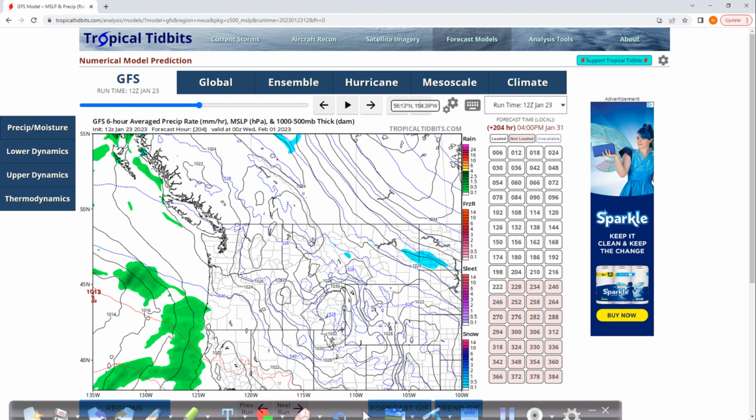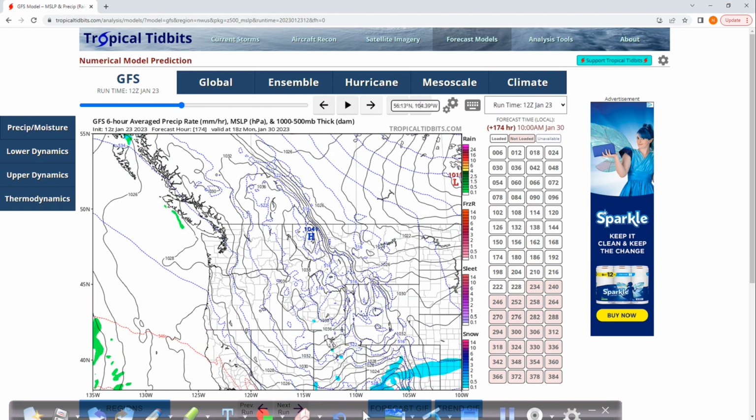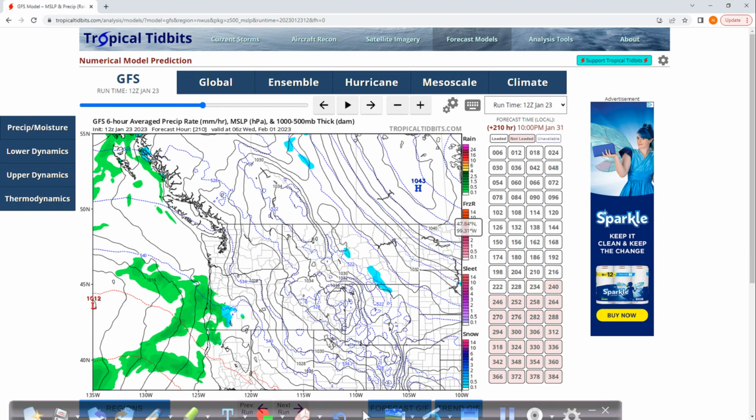After that, now this is the U.S. model that moves that cold air too far to the east.